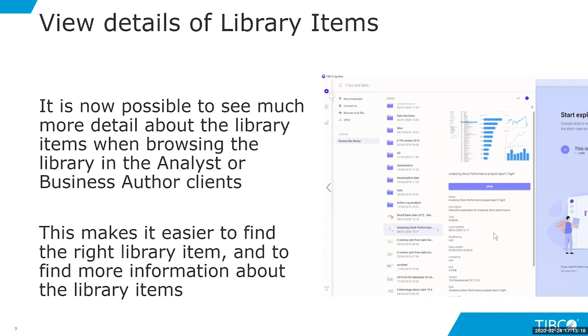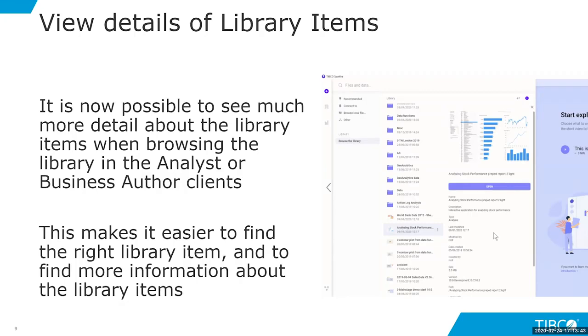So you see here we have the library, and when you select items in the library, you have a new section here that actually shows a lot of detail about them. So even details like the GUID, the date created, the modified by, last modified, the size, and so on.